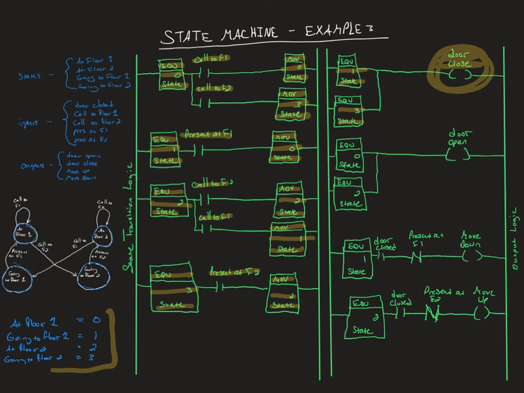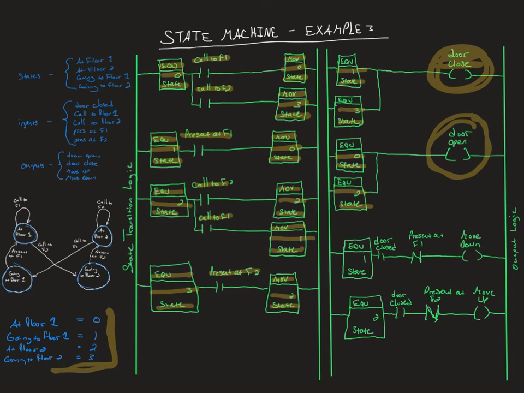However, if we are in state 0 or state 2, and again, looking at our encoding table, 0 and 2 are at floor 1 or at floor 2, then our door should be open, right? Because people are going to want to get in or get off the elevator. Simple. Makes perfect sense. We've used OTEs, and I think that works out fine. So these are Booleans that are controlling the door.